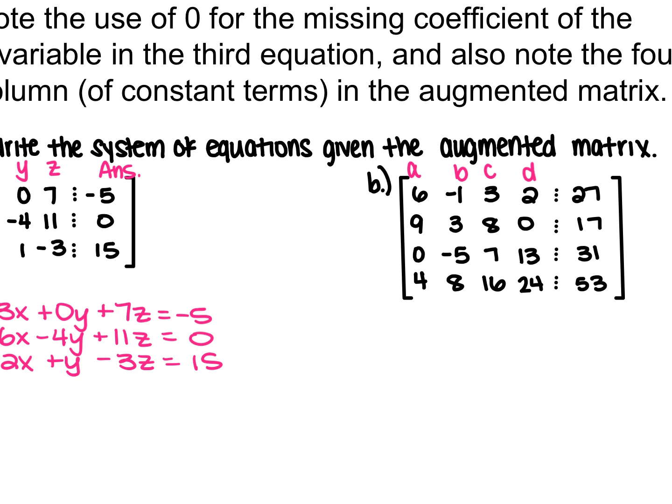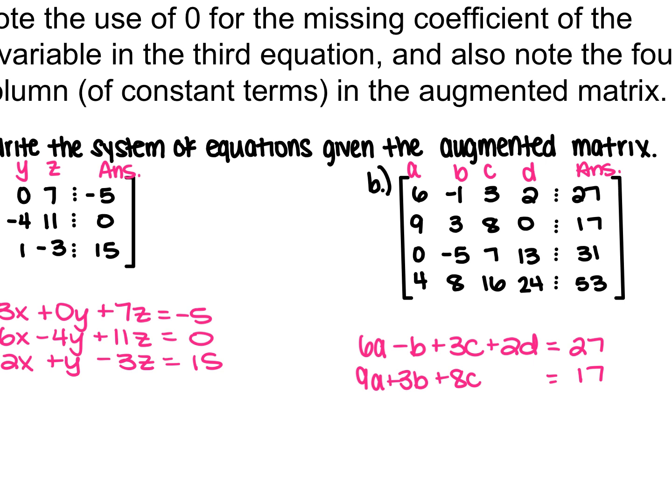So this first equation is going to give us 6a minus b plus 3c plus 2d is equal to 27. Then I have 9a plus 3b plus 8c plus 0d is equal to 17.